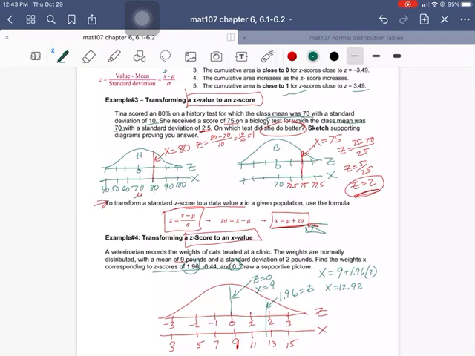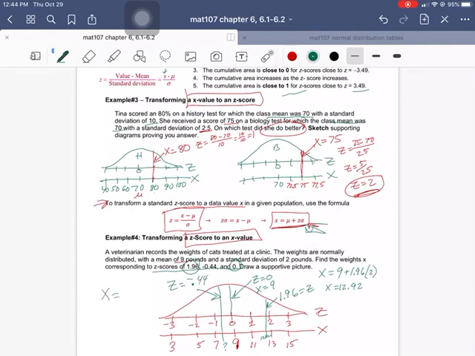How about negative 0.44? That's kind of in here somewhere. So they want to know this one, if z equals negative 0.44.